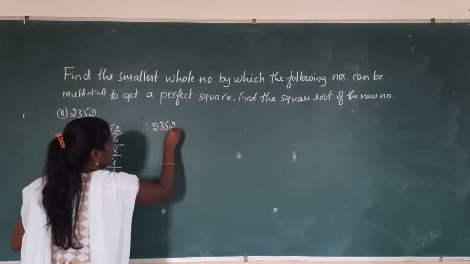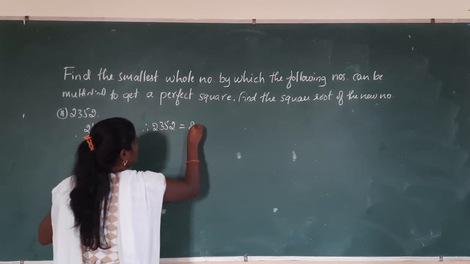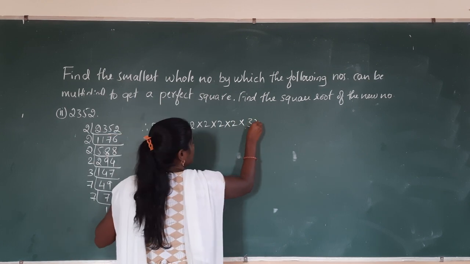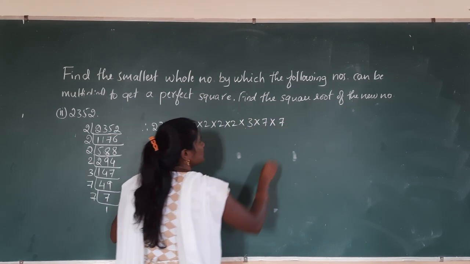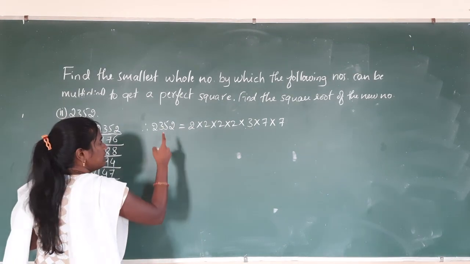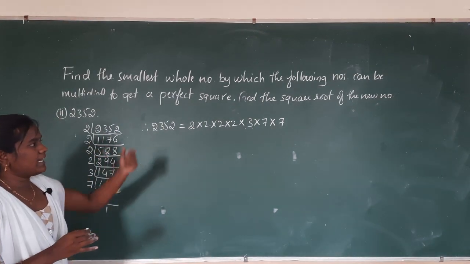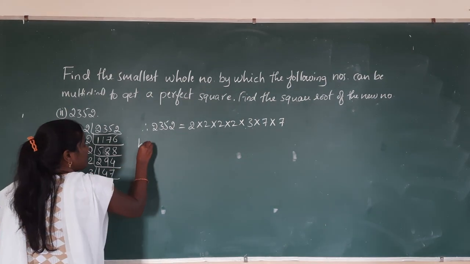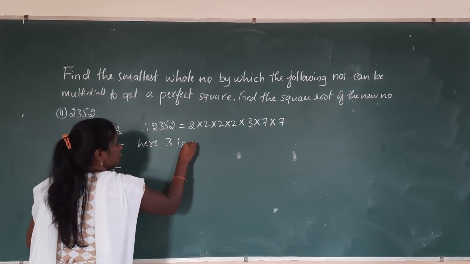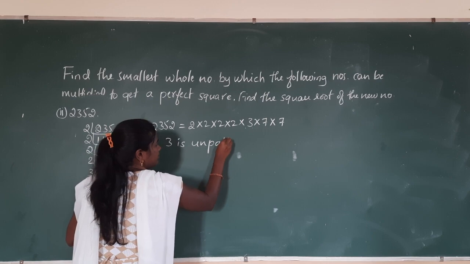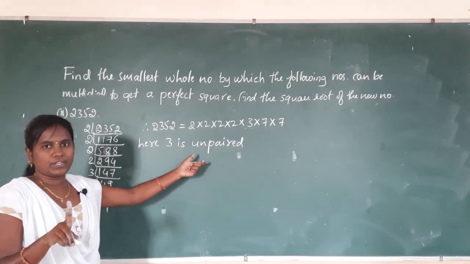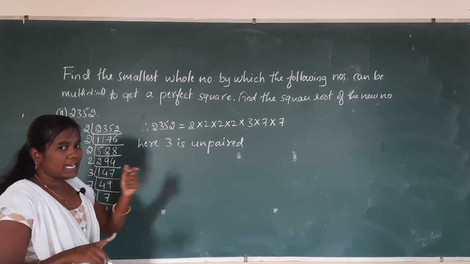Therefore, 2352 is equal to 2 into 2 into 2 into 2 into 3 into 7 into 7. So here it is confirmed that 3 is unpaired, right? Here 3 is unpaired. Do not say paired or not paired, only one word you have to use: unpaired.